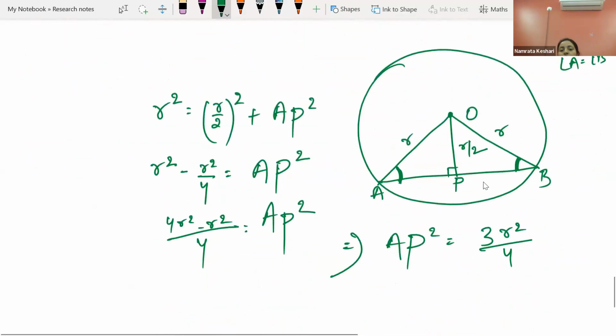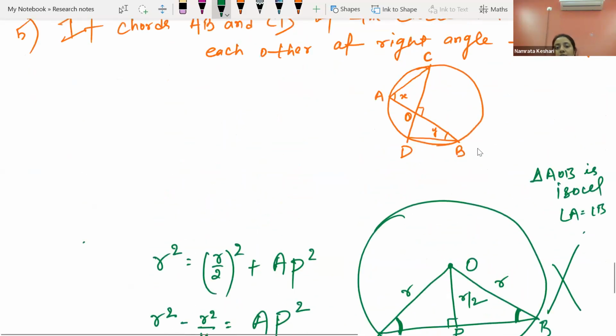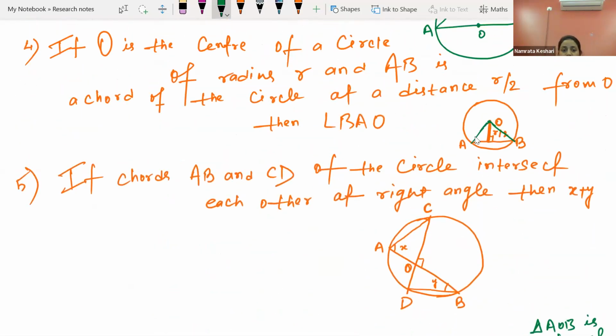Actually, this question, there is a way to solve it, but your level concept we cannot use over here. Trigonometry concept we have to use, which is there in class 10. Please let me check this one as well.